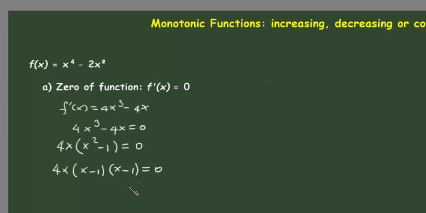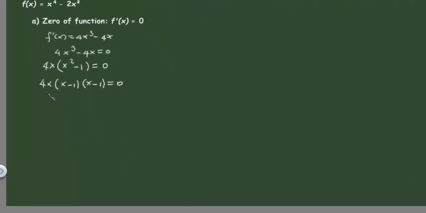When you have three terms multiplying to 0, if a times b times c equals 0, it means that either a equals 0 or b equals 0 or c equals 0. That's what it means.